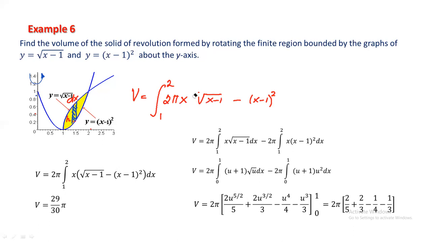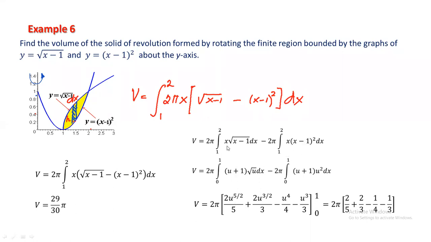Change this. You have dx. So that's the thing that you see here. The 2 pi was written before the integral. You have x and the square root of x minus 1 in here. And this x also distributed to these two expressions here. So you have this one in here.